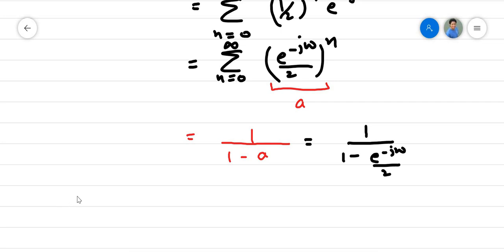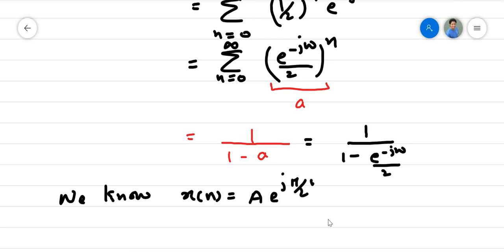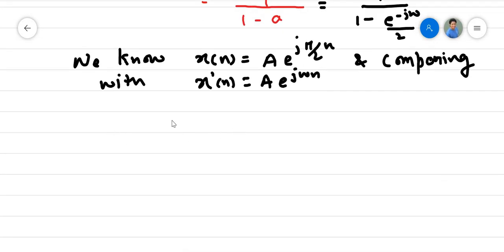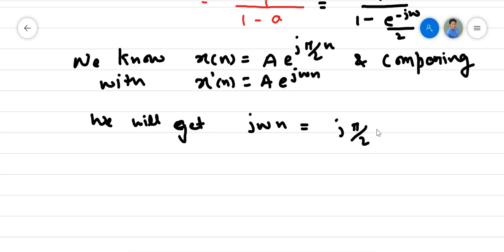Now we know x[n] is equal to A e^(j pi/2 n), and comparing with x'[n], which we already knew, A e^(j omega n), we get j omega n equals j pi/2 n. The j cancels out, then omega is equal to pi by 2.